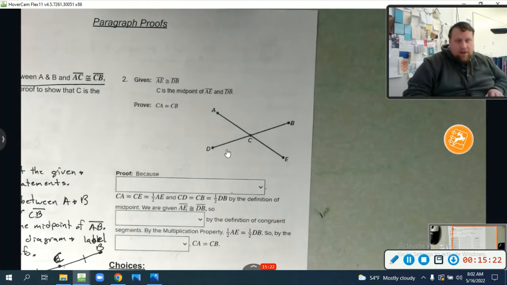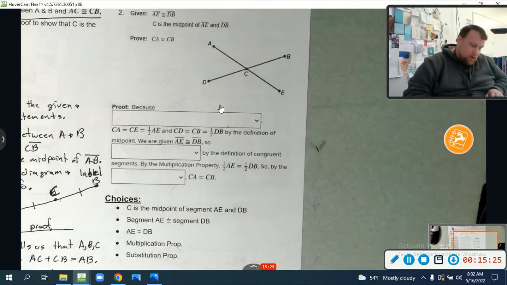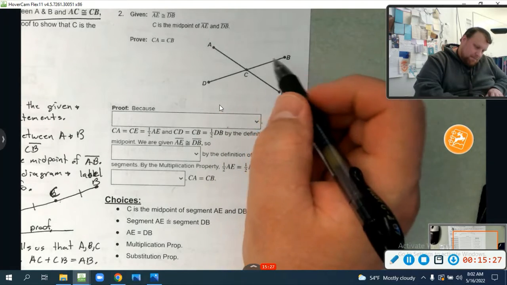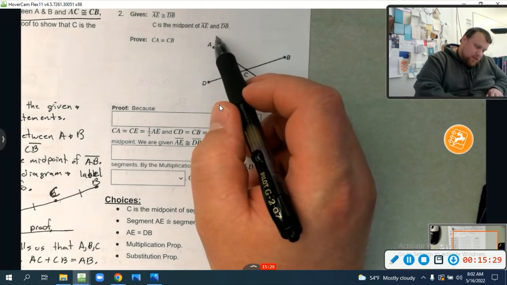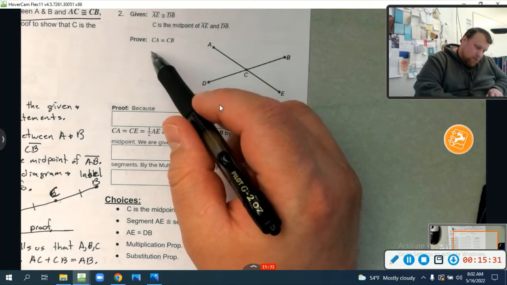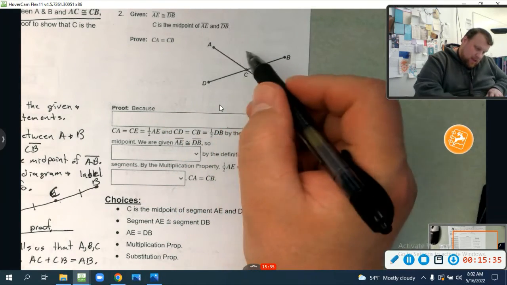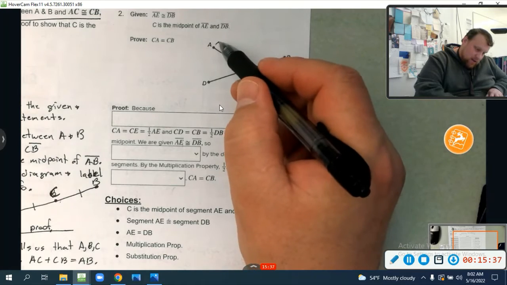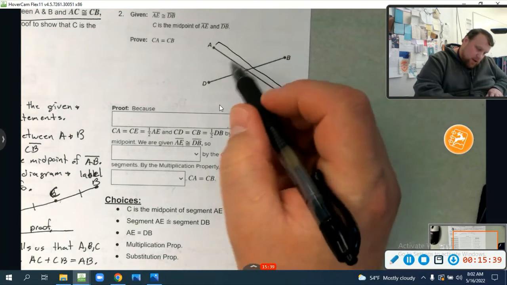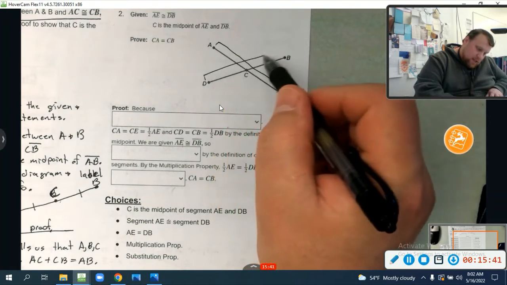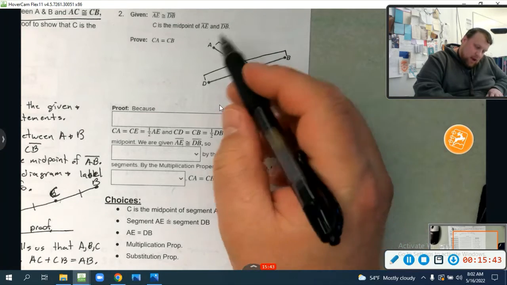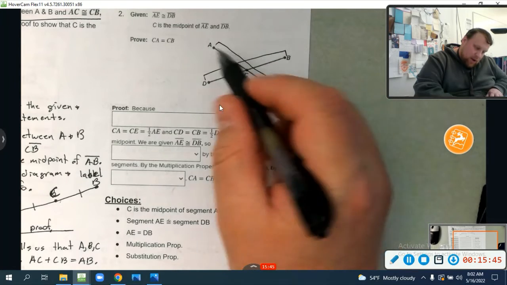It says, given AE is congruent to DB, and C is the midpoint of segment AE and DB, we want to prove that CA equals CB. So AE, this whole distance, is congruent to DB. These line segments are the same length, and C is the midpoint of both of these.